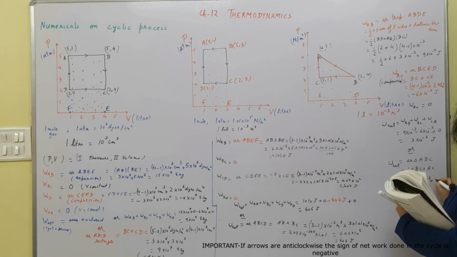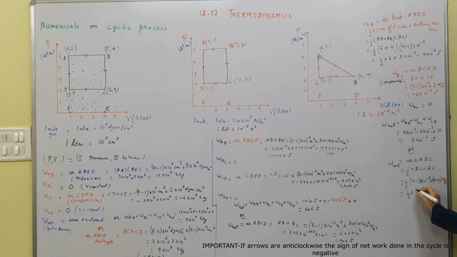This is 4 minus 2 Newton per meter square. So this gives me 1 by 2 into 3 into 10 to the minus 3 into 2. So this is already in joules. So this gives me 3 into 10 to the minus 3 joule.